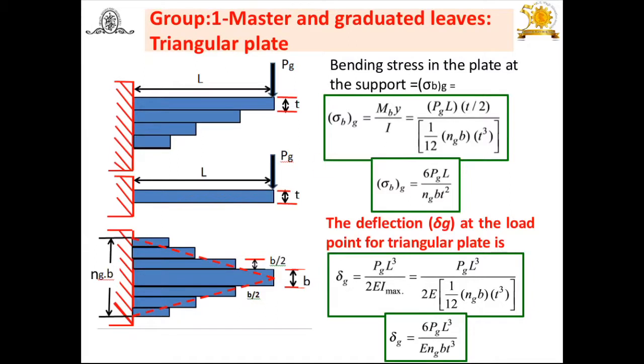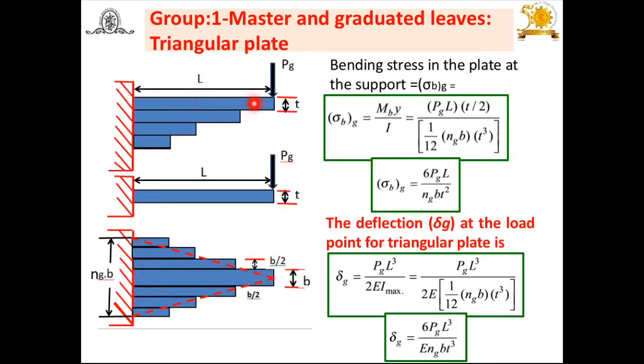Now let us see. In the first one, we have considered the master and graduated leaves. Now look at this. The first one is the master leaf, and the others are graduated leaves.